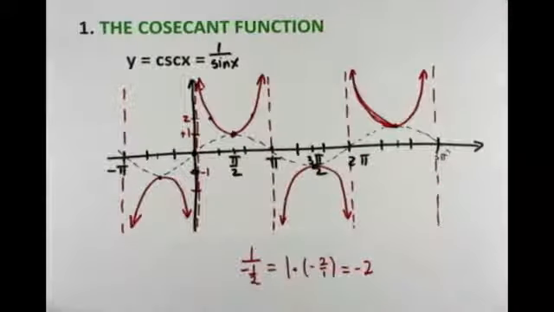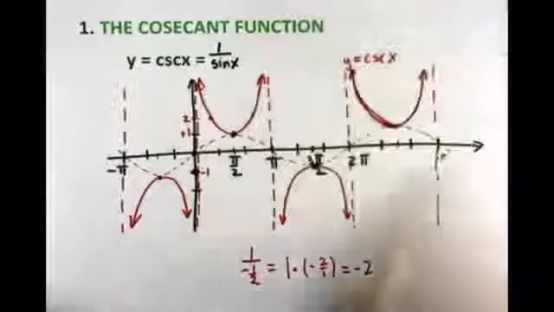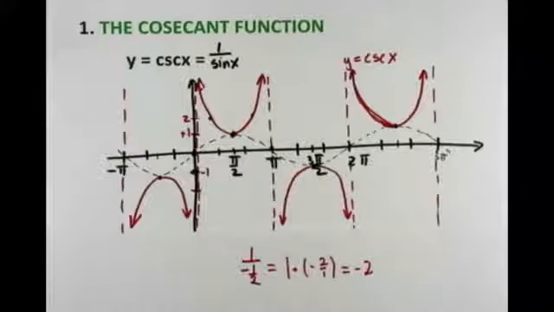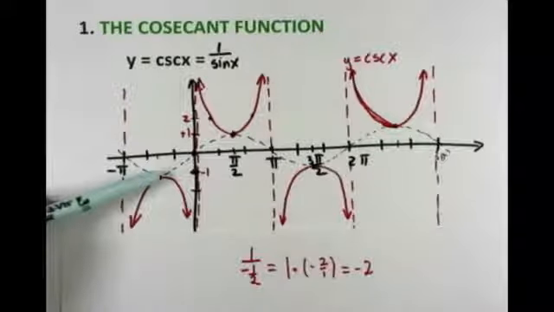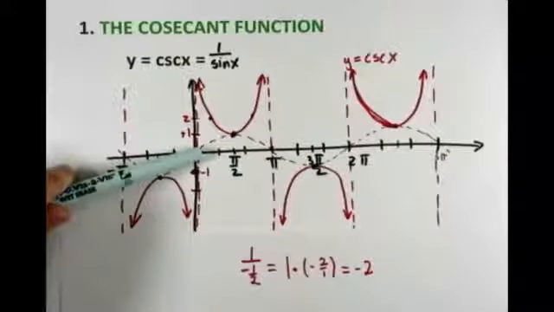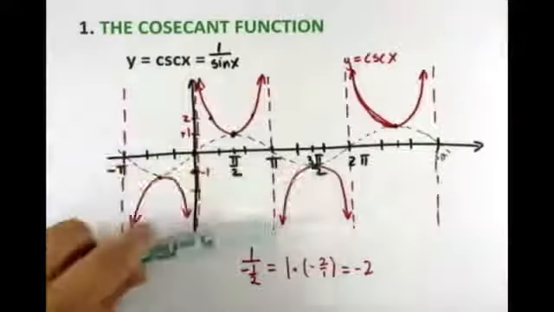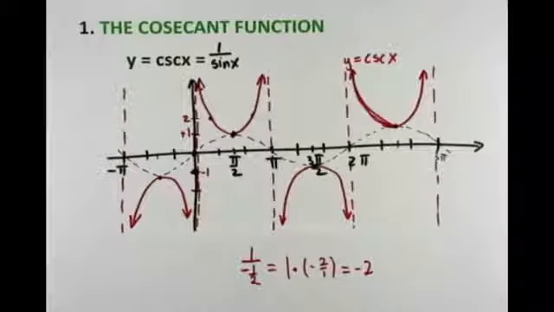Okay, so the red graph is y equals cosecant x, the inverse of the sine. Usually to draw cosecant, we use the sine graph and make the asymptotes where the sine graph has 0, and where it was 1, that bumps up and goes the opposite way.